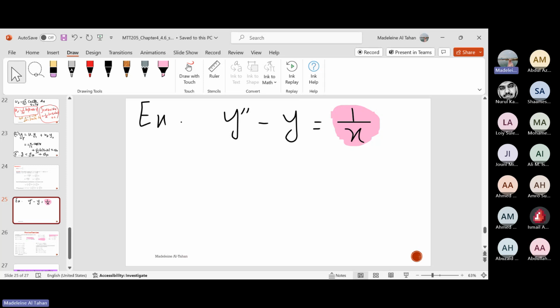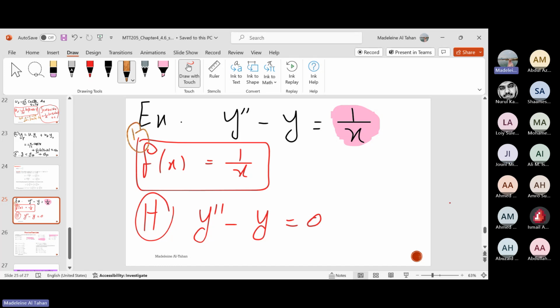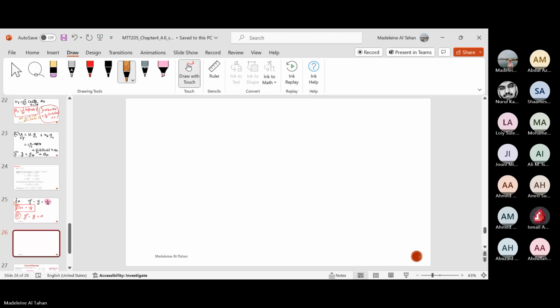What's our f of x here? 1 over x. The homogeneous: y double prime minus y equal to 0, right? So this is step number 1. We identified that. All of you were done with this step.